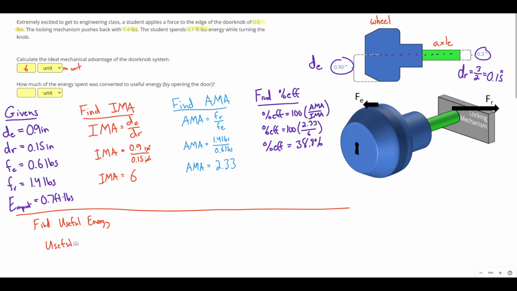Useful energy is found by taking our percent efficiency divided by 100 and multiply that by your energy input. So I'm going to fill those values in over here. Percent efficiency was 38.8%. Divide that by 100 and multiply by the energy that was input, 0.7 foot-pounds.